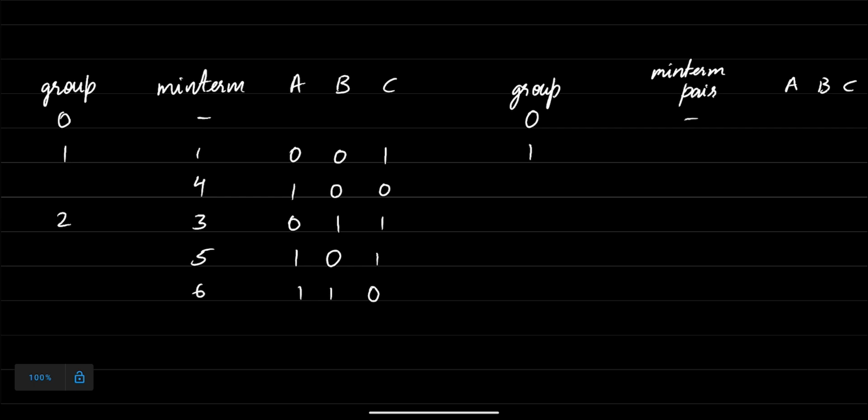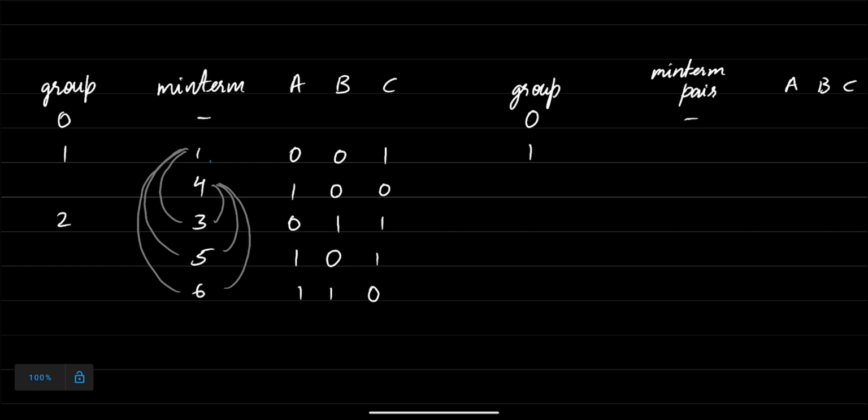And the comparisons will be made in such a fashion: 1 and 3, 1 and 5, 1 and 6, 4 and 3, 4 and 5, and 4 and 6. Now, all of these comparisons will have to be validated and checked if they have a single bit difference, and only then they'll be transferred onto the next table. So we start out by checking 1 and 3. So they have no difference here, 1 bit difference here, and no difference here.